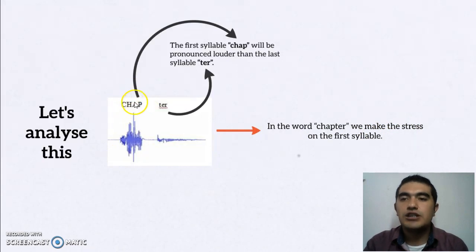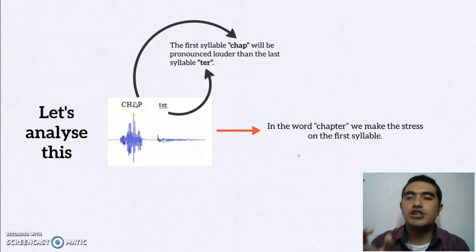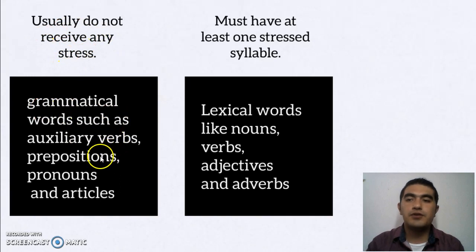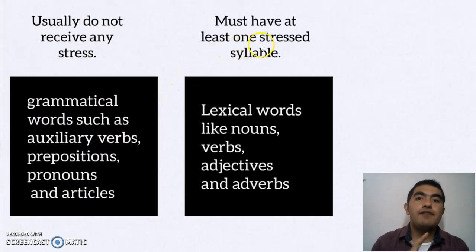Chapter, chap, chapter. Grammatical words, such as auxiliary verbs, prepositions, pronouns, and articles, usually do not receive any stress. Lexical words like nouns, verbs, adjectives, and adverbs must have at least one stressed syllable.